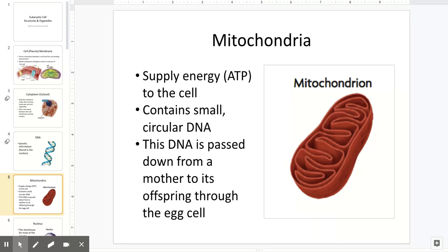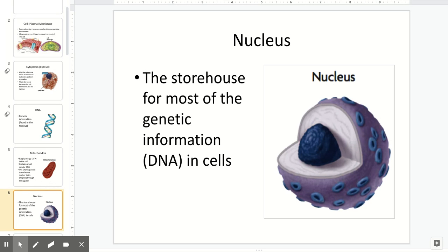And this DNA is passed down from a mom to her babies. So all of you have a little bit of your mom's DNA, and only your mom's DNA, in your mitochondria. And now that scientists know this, they can use this for genealogy, for disease tracing and disease patterns of inheritance. And they can also use it in forensic science, which is just kind of cool.